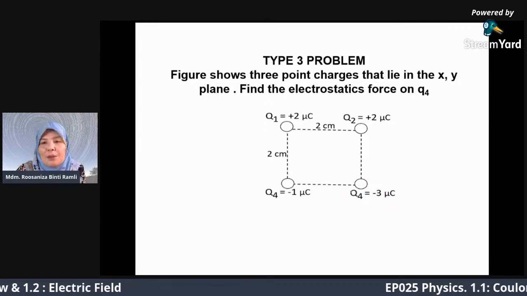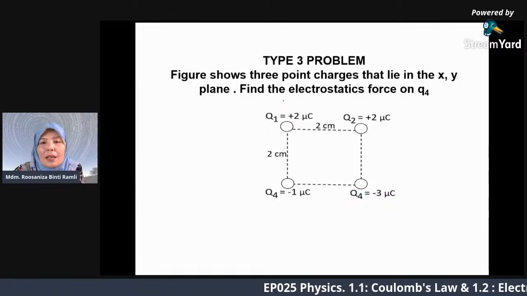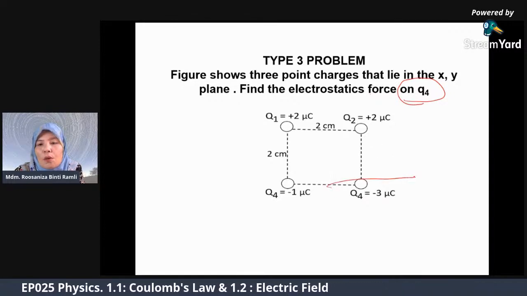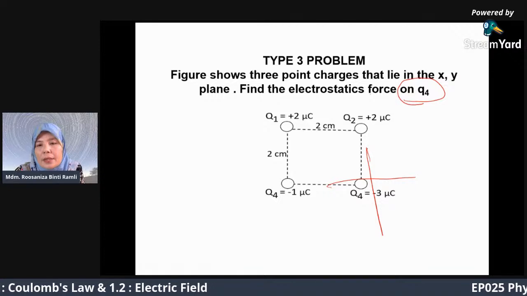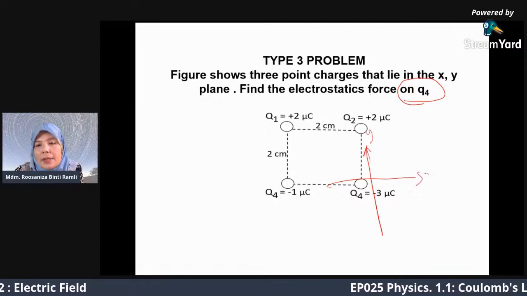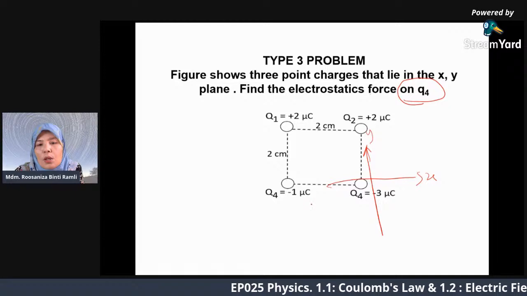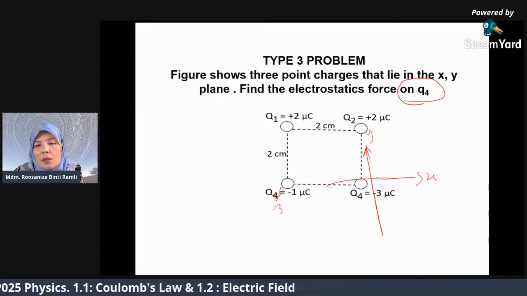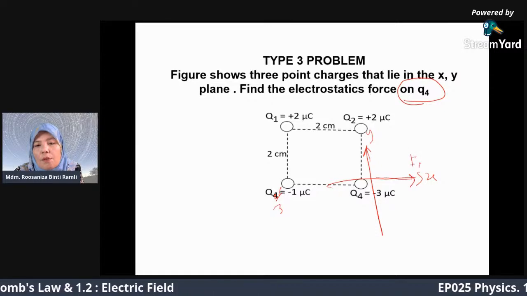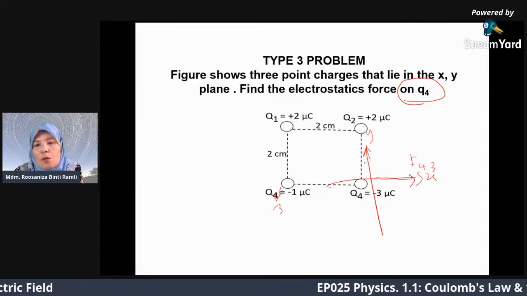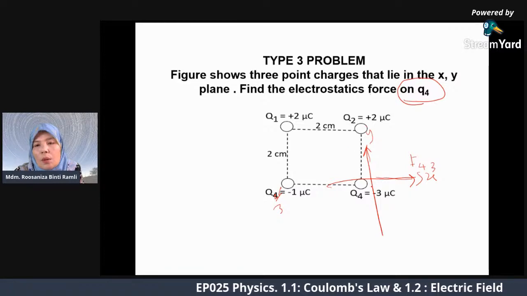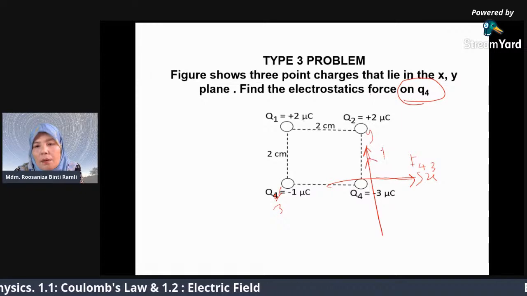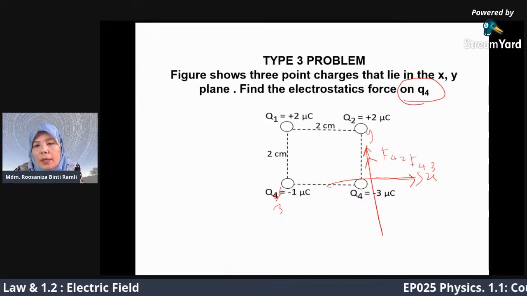Again, I show you how to draw the force on Q4. You have to draw the axes y and x. Q4 is negative. This one is Q3, which is negative, so the direction is to the right, F43. For F42, positive and negative, the direction is outward.